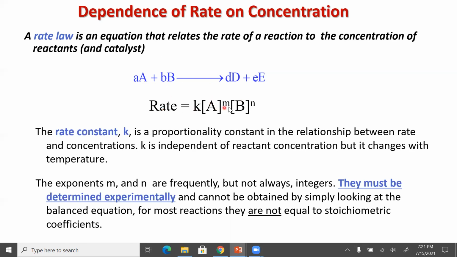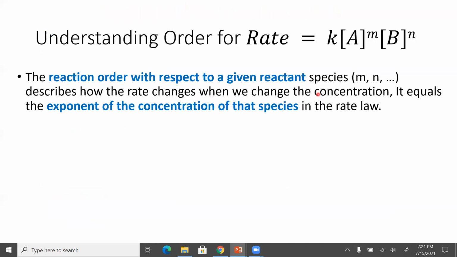Again, these exponents are typically integers, whole numbers, but they don't always have to be. I don't think you're going to see anything that's not, but they can be something other than a whole number. So if we were to look at a rate expression, the orders with respect to the reactants are these exponents.